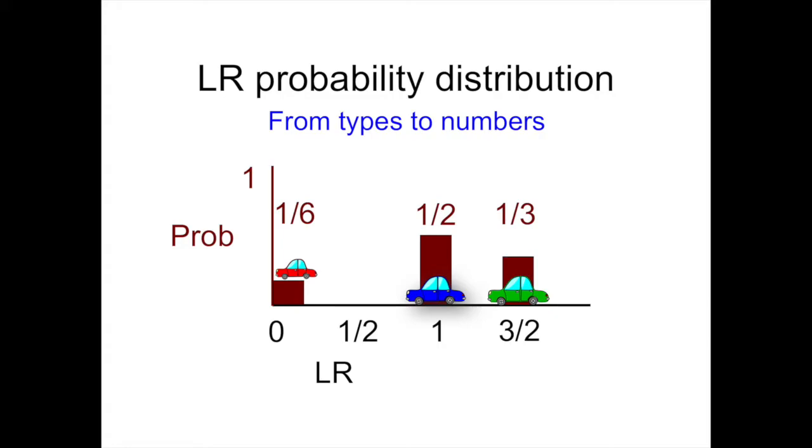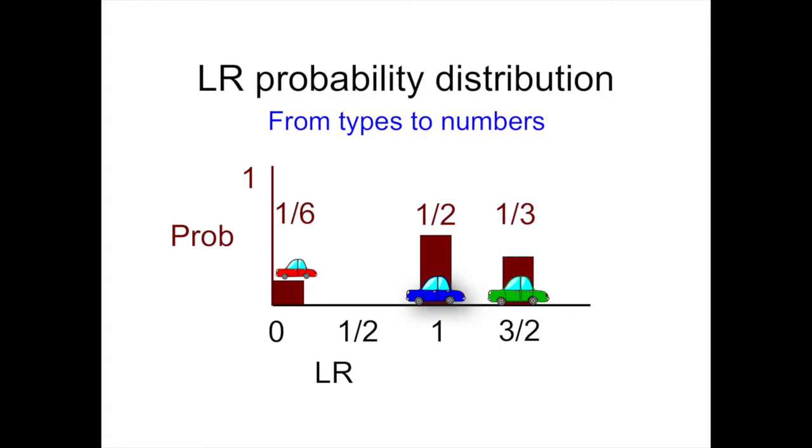And we see here on the x-axis, here's the likelihood ratio, 0, 1, 3/2, as we saw on the last slide. And now we put a probability distribution, in this case the prior probability, associated with each car. If you have a lot of cars, they would superimpose, but essentially we're seeing a probability of 1/2 for the blue car with a likelihood ratio of 1, probability of 1/3 for the green car with a likelihood ratio of 3/2.